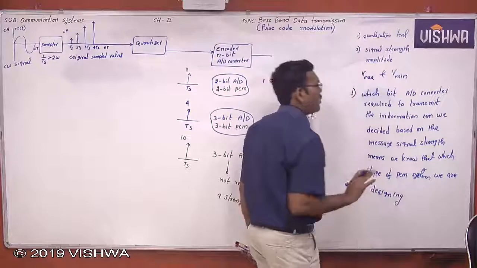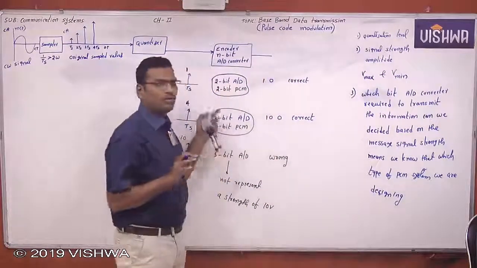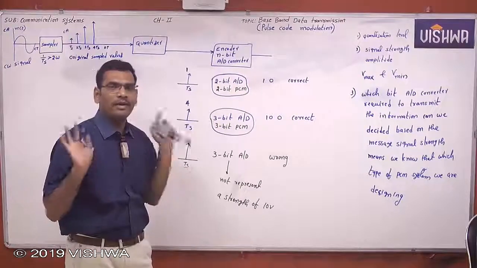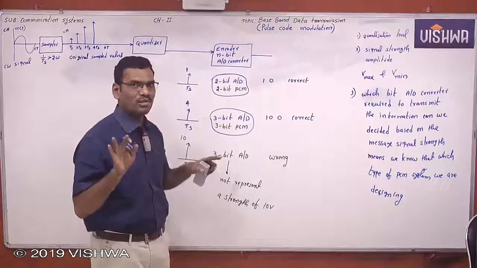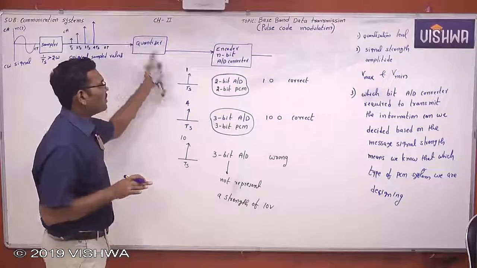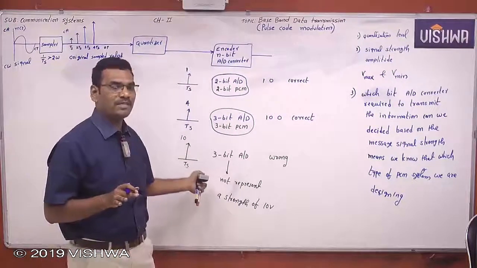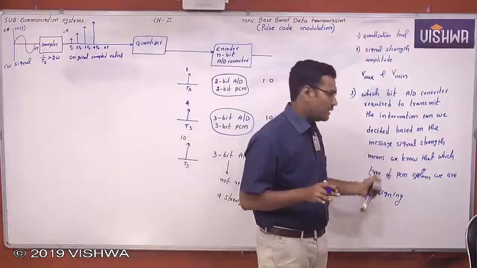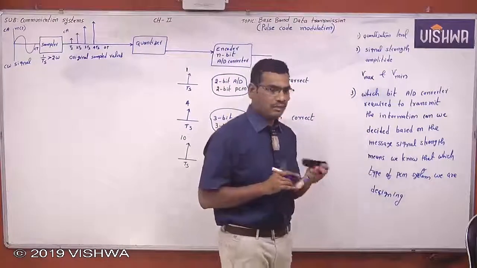Clear or not? These points are clear or not? So whether you want to design a 3-bit or 4-bit or 5-bit, you know earlier, without doing the quantizer also. Now forget about the quantizer, but you know which type of PCM system, which we decide based on the message signal strength. Okay, note this.